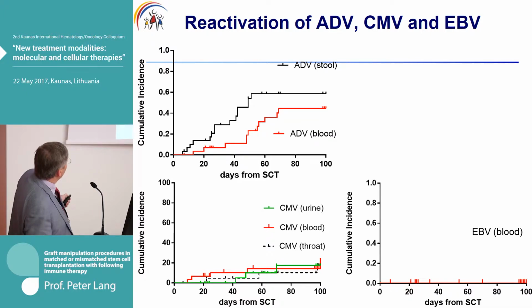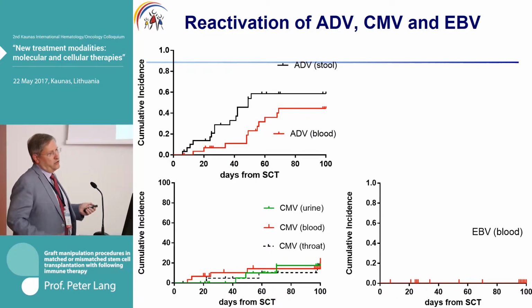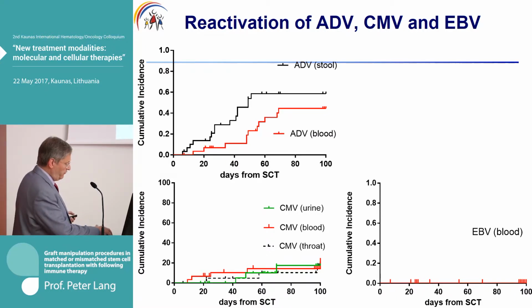In contrast, CMV was no big problem. As you can see, less than 20% reactivation, and this reactivation rate was similar for all three compartments: urine, blood, and throat. And no EBV reactivation occurred at all, probably due to the profound depletion of B cells.